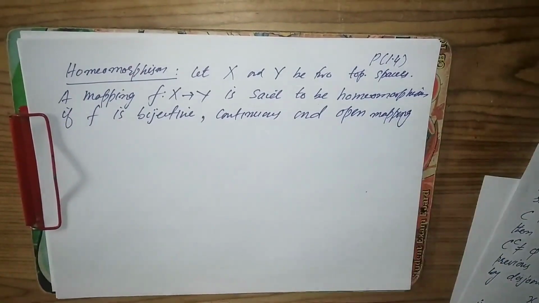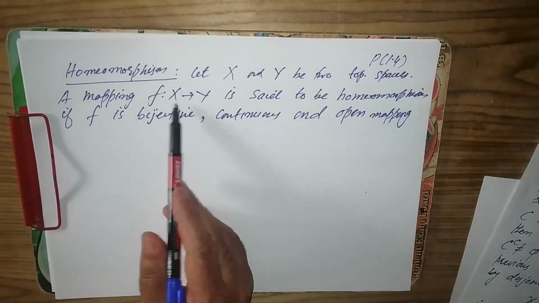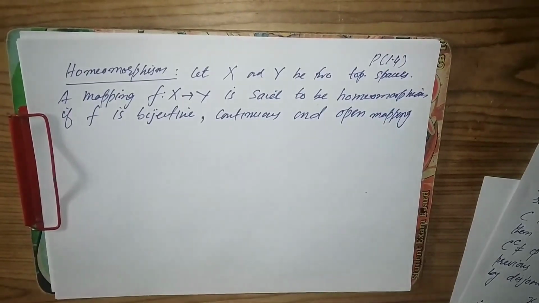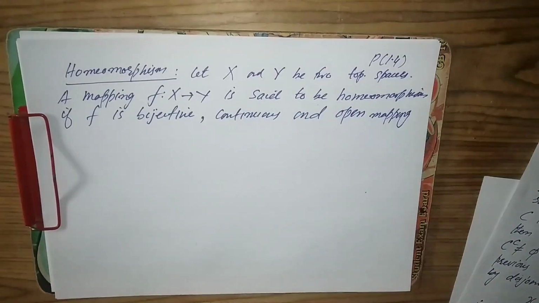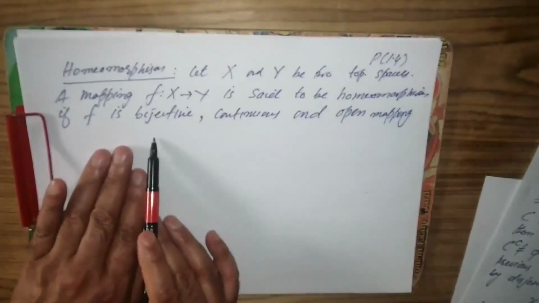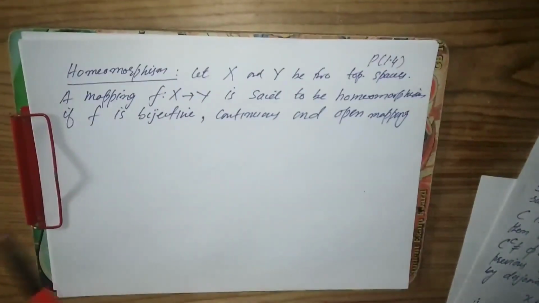Continuous means the inverse image of open sets is open, and open means the image of open sets is open. If U is an open set in X, then its image must be open in Y. Then we say those mappings are open mappings. So if a map is bijective, continuous and open, then we call this map a homeomorphism.